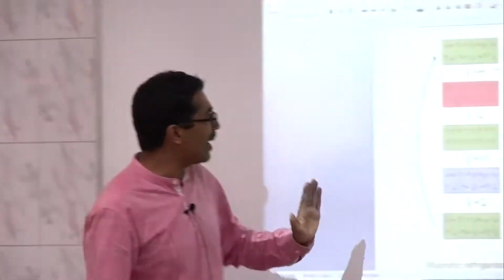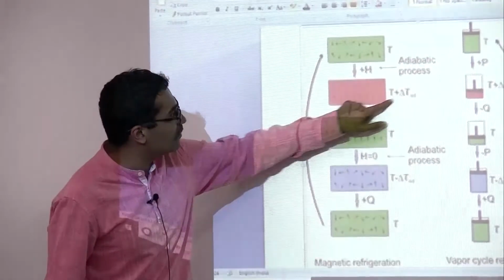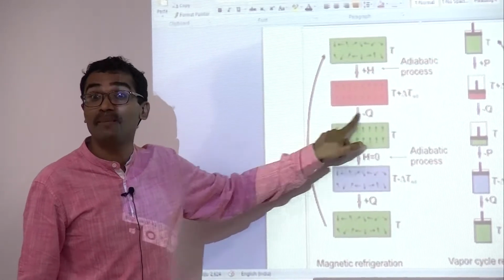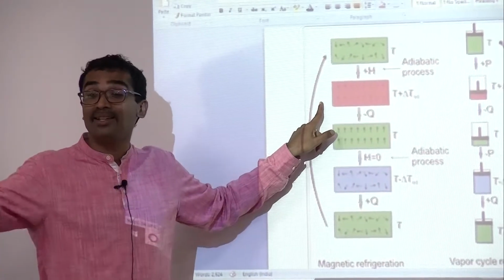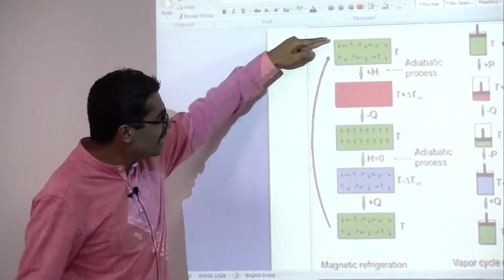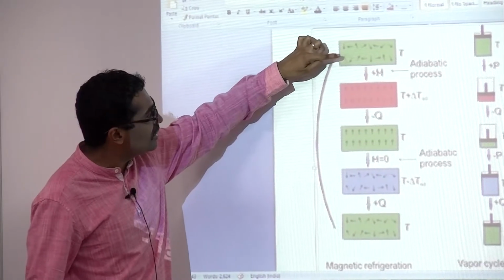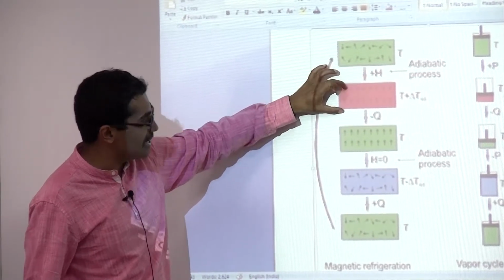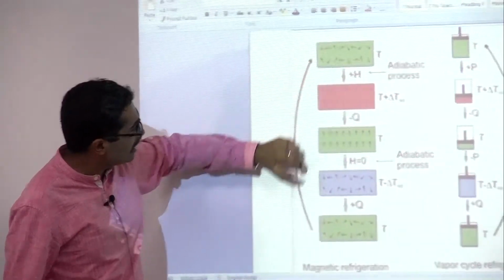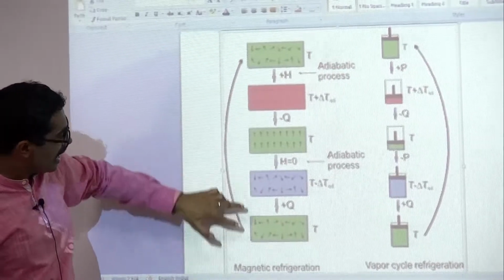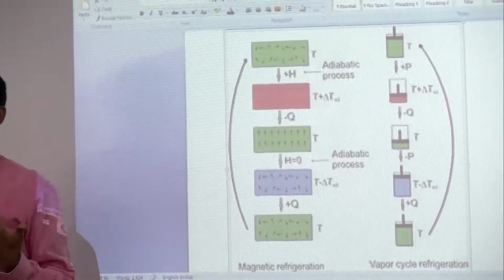Whether or not I develop a magnetic refrigerator will depend upon whether the system will respond to the magnetic field. So higher the magnetization, better it is. Higher the entropy change associated between this state and this state, better it is. You understand?